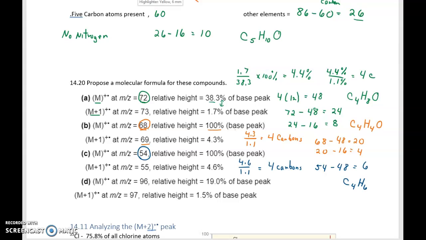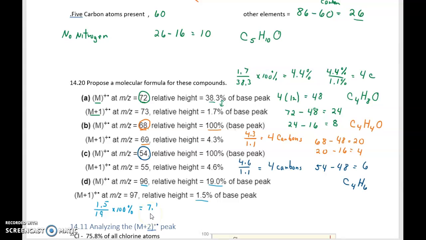Last one here, we have a mass of 96, and we're going to have to figure out the relationship of the molecular peak to the molecular plus 1 peak. So we're going to have to do our 1.5 divided by 19 times 100%, and that will give us... Actually, I don't have it figured out, so I pulled out my calculator.